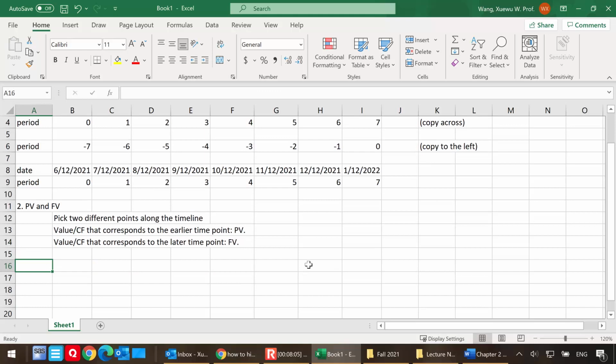All right, so just because we say present and future doesn't mean we're going to interpret this in the conventional sense. Instead, we're going to build a timeline, pick 2 points, and sort these 2 points. The earlier time point, the value or the cash flow there, that's present value. The later time point, the value or the cash flow there, that's future value.